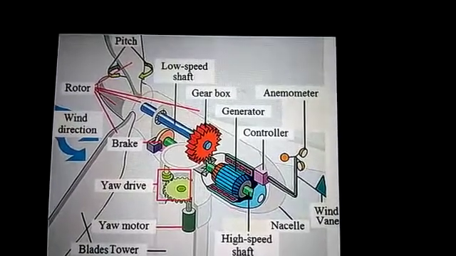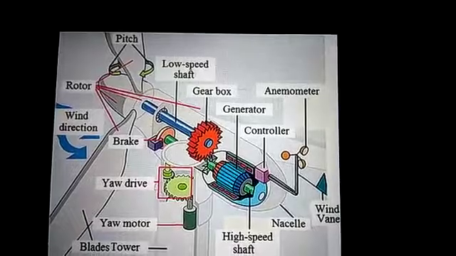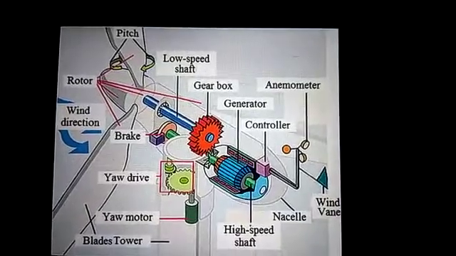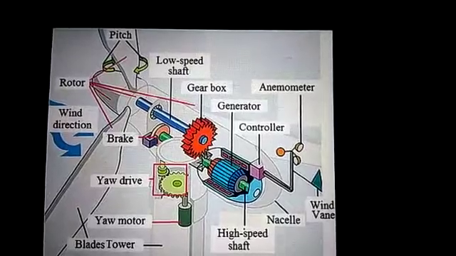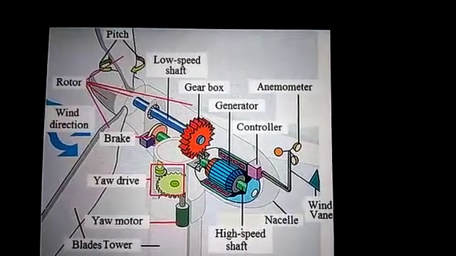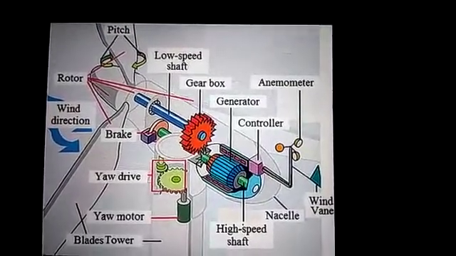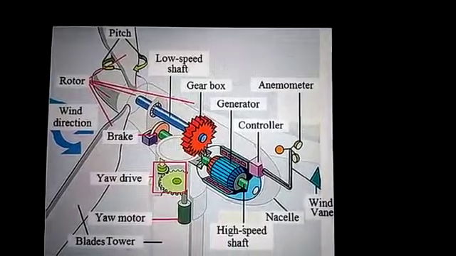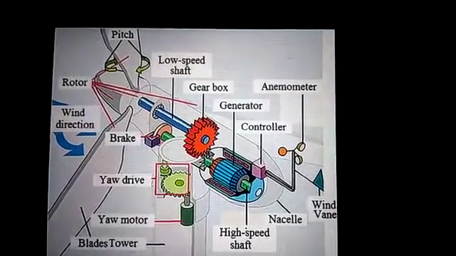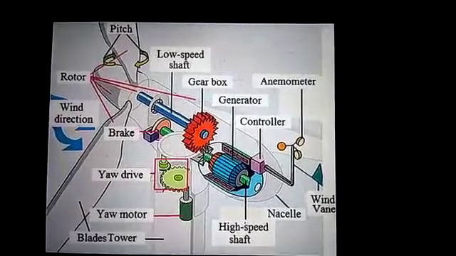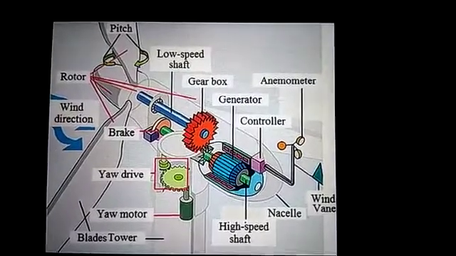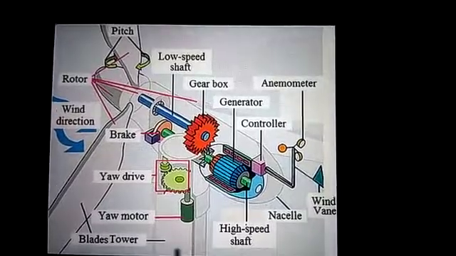The turbine blade pitch is the angle of attack of the blades of a propeller out of the wind, to control the production and absorption of the power. Now see the brakes.